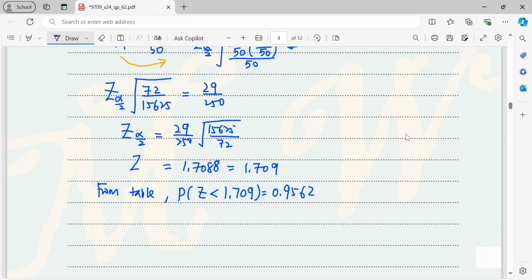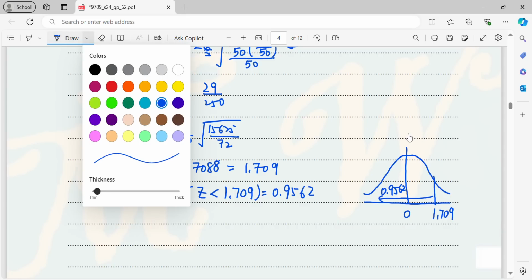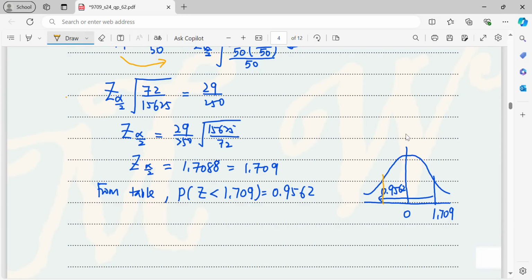Now this Z alpha over 2, when you sketch a graph, is basically the line. Here is 1.709. Here is 0, and here is 0.9562. That means now your confidence interval is basically these two parts.